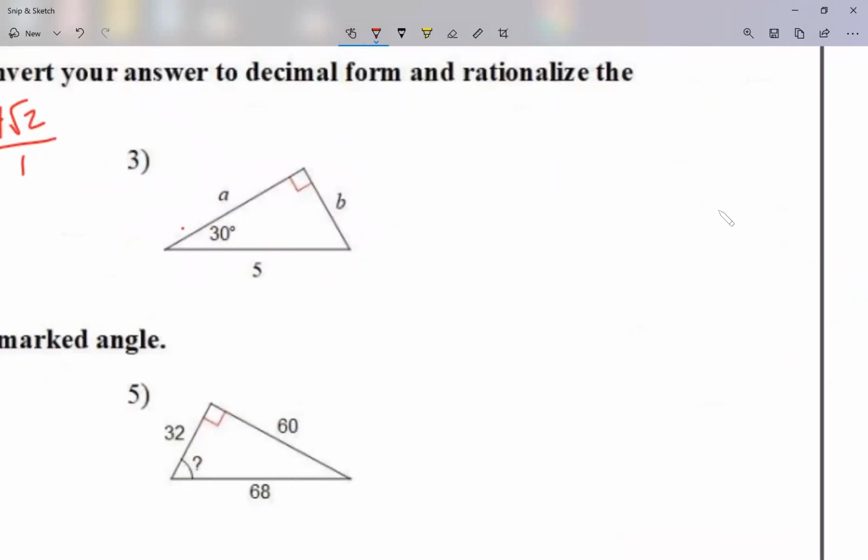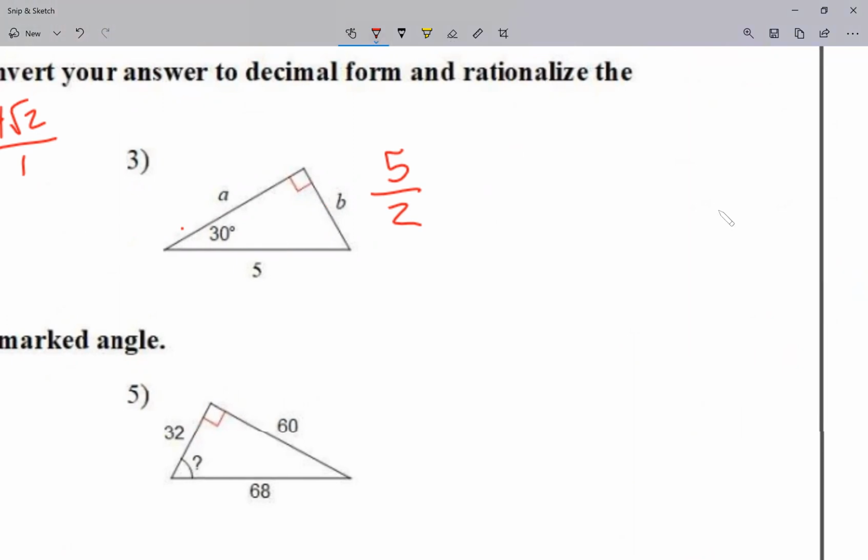I'm given the hypotenuse. I want to get to the small side. I know I have to divide. Remember we said from the hypotenuse to the small side we divide. So let me write this as 5 divided by 2. I'm going to write it as a fraction. My instruction said don't make it into a decimal, so just leave it as a fraction, 5 over 2.